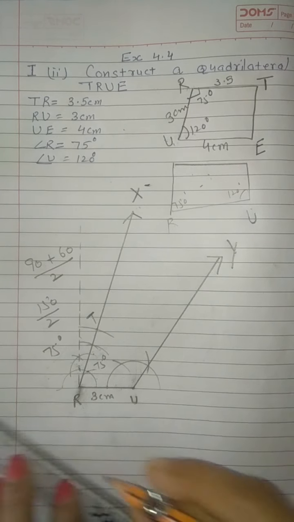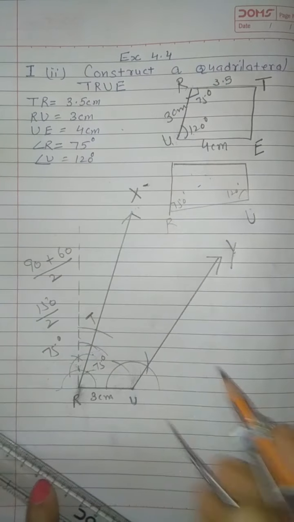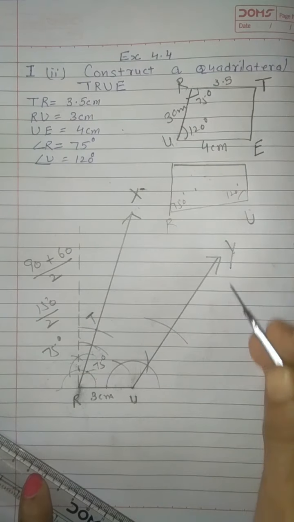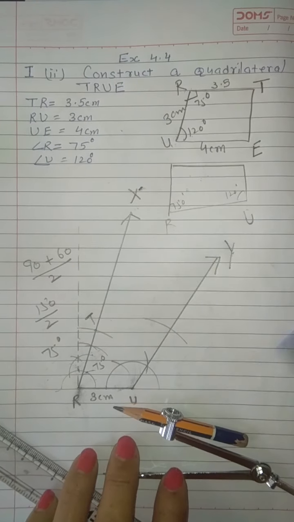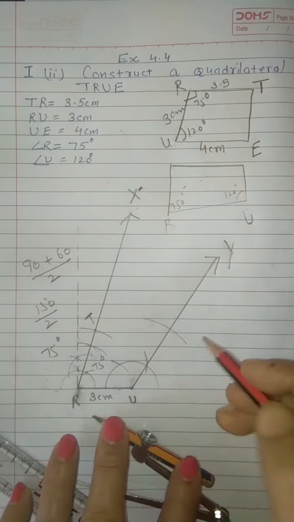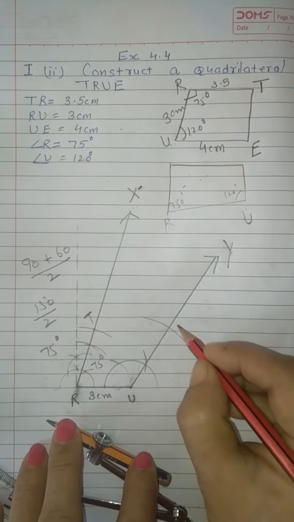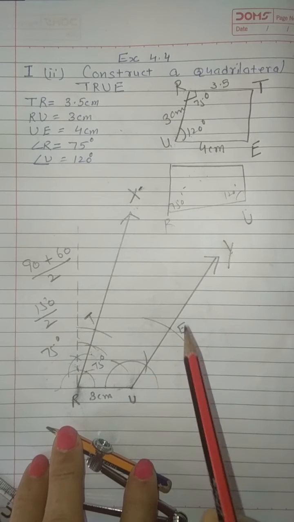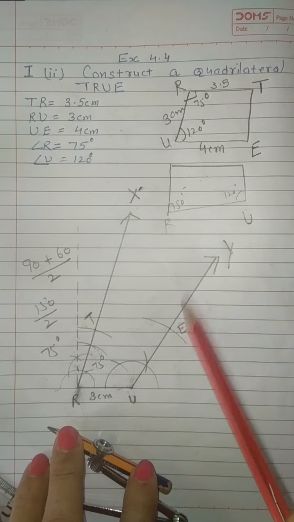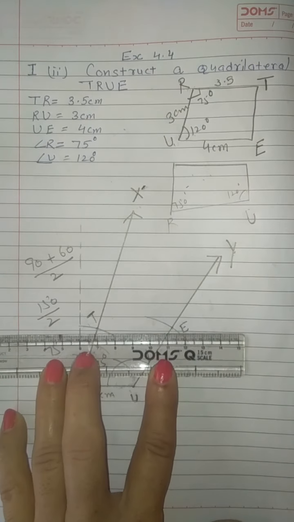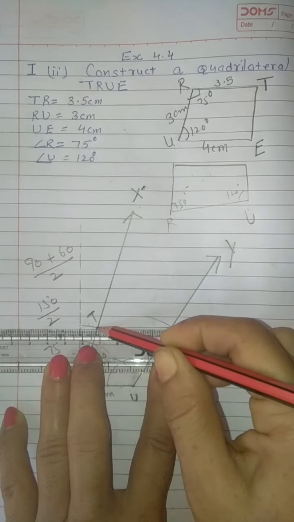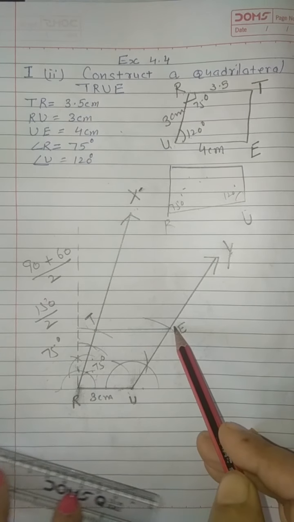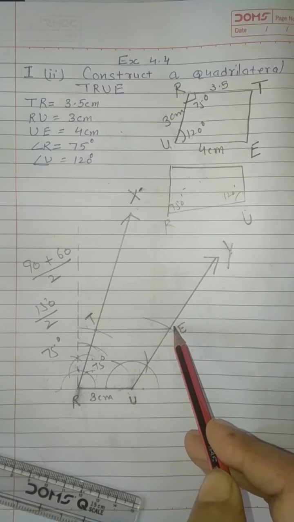So with U as the center and radius equal to 4 centimeter, draw another arc which intersects ray UY and name that point E. Now, having marked all the points T, R, U, E, join TE, and this TRUE is your required quadrilateral.